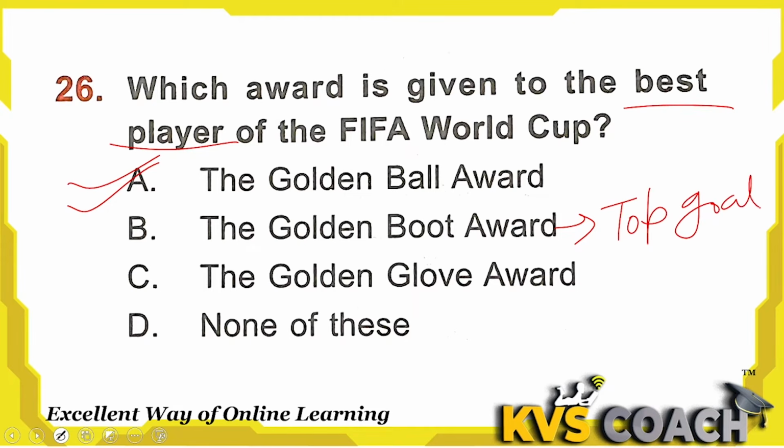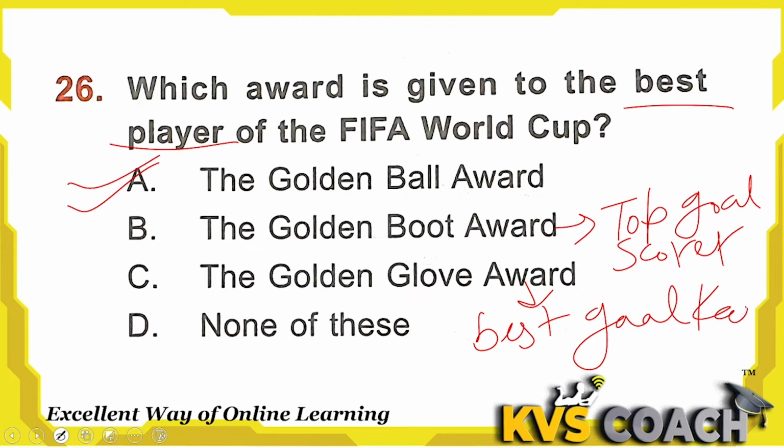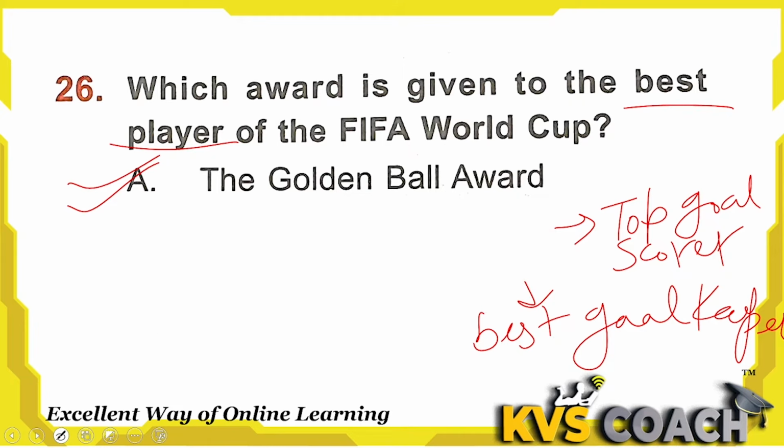I have already explained this question in the sports chapter. The Golden Glove Award is given to the best goalkeeper. But for the right answer, best player is option A only.